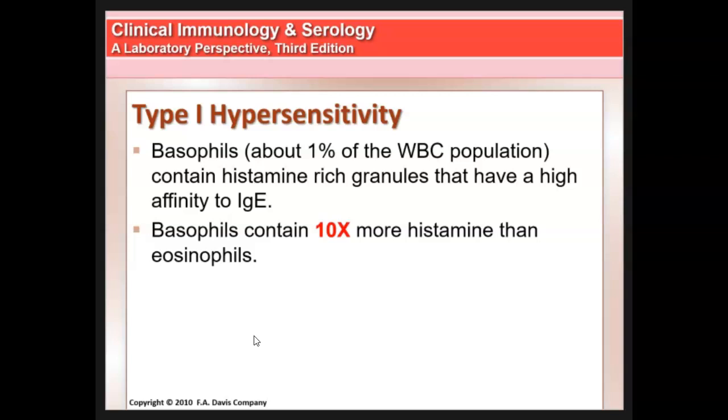This can also increase capillary permeability, alter cardiac contractility, and increase production of mucus in the upper respiratory tract. Histamine can also cause the redness of skin called the wheal and flare, wheal spelled W-H-E-A-L and flare, F-L-A-R-E.